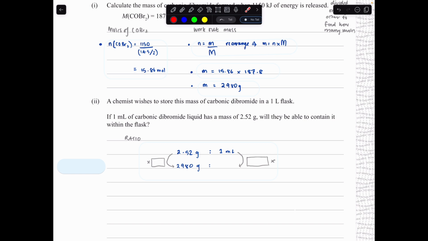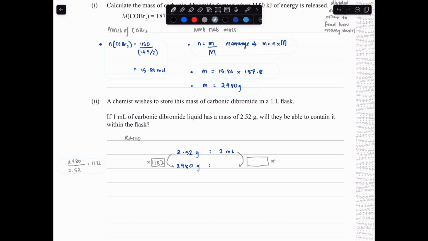Okay, so again, ratios, let's do it. How do I get from 2.52 to 2,980? I divide 2,980 by 2.52, and I should get 1182. What I do to this side of the ratio, I have to do to the other side.